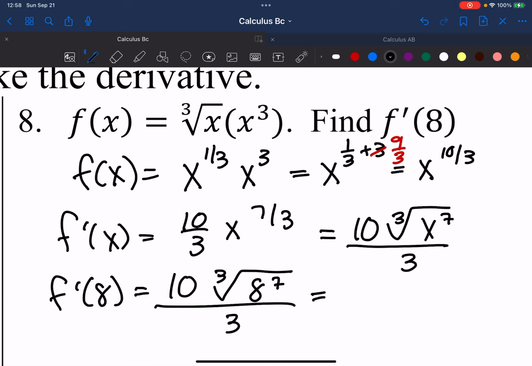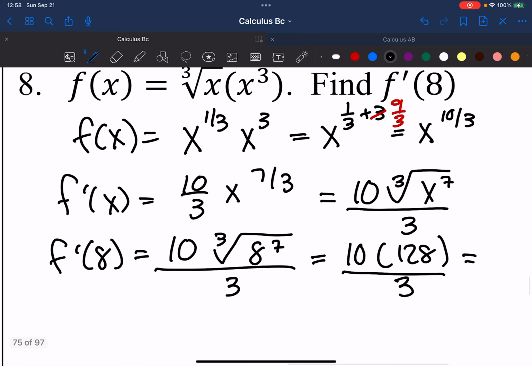You get 128. So this is 10 times 128 over 3, which is equal to 1,280 divided by 3. And again, you do not need to simplify this.